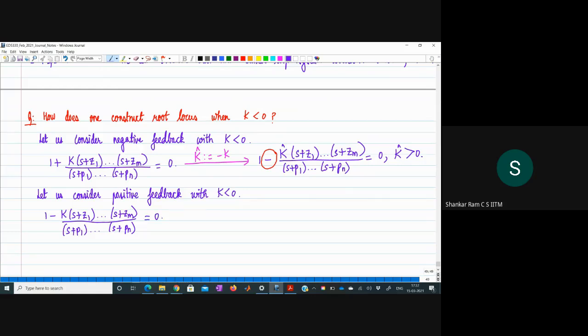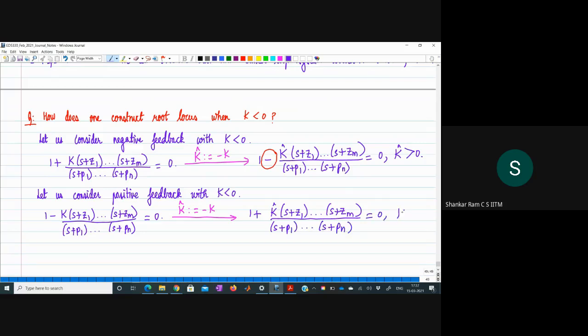So we do something very similar, right? So what we do is that we have k hat equal to minus k. What do you think will happen now? This will now become 1 plus k hat times (s plus z1) all the way till (s plus zm) divided by (s plus p1) all the way till (s plus pn) equal to 0.